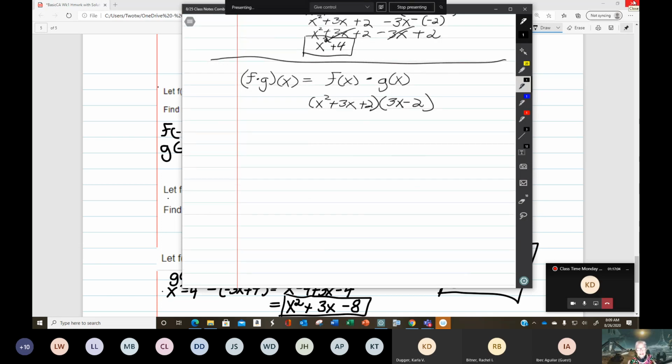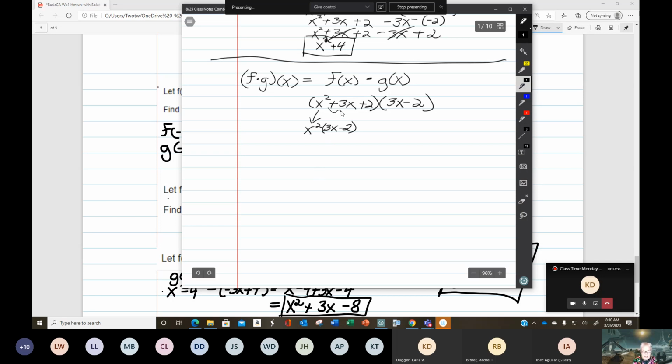Now, this is how you multiply polynomials. If you hated it before, you probably hate it now. I don't much like it either, but here's what you do. Take the x squared from the first polynomial, write it, and then bring the second polynomial over and multiply it.